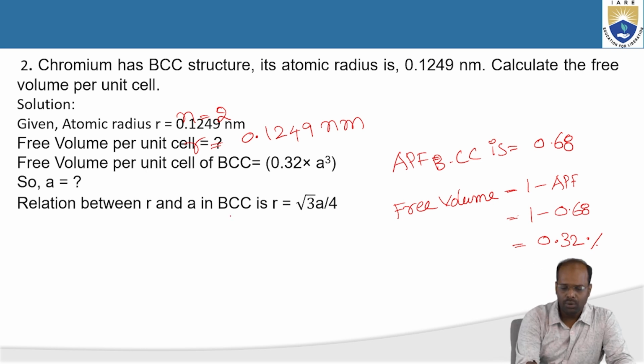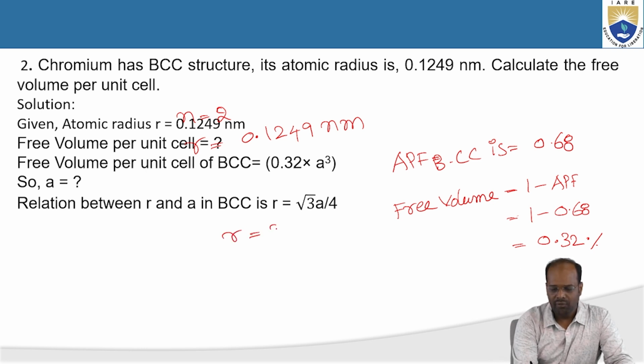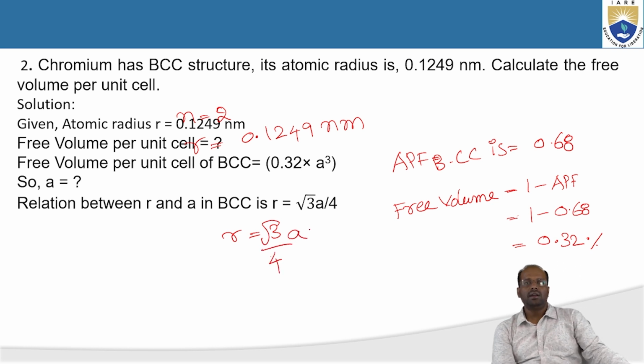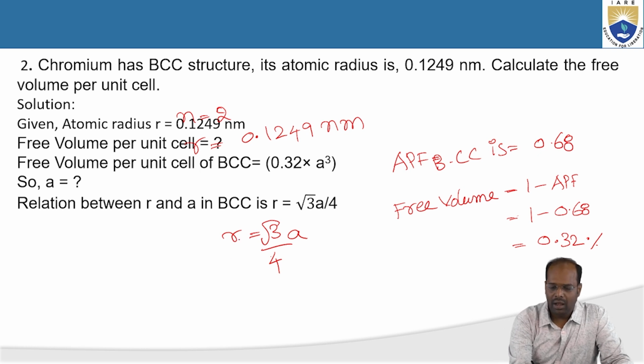R is equal to root 3 by 4 a. Since R is given as 0.1249, we calculate a is equal to 4R by root 3.